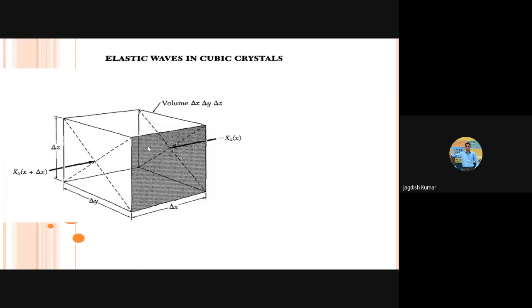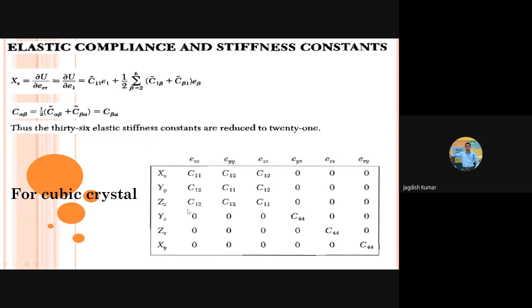If we go back to the previous slide, you have C11, all of them equal, then C12, and C44. So we have only 3 independent values of elastic stiffness constants.